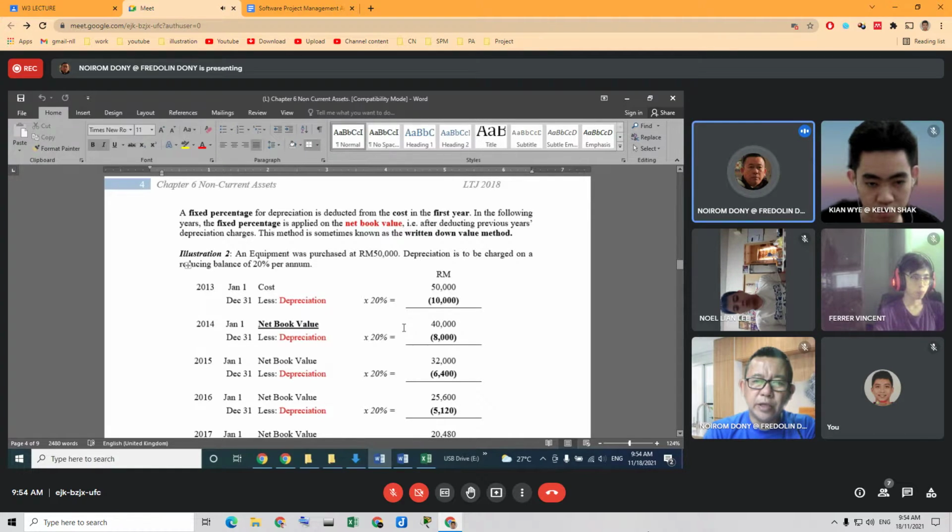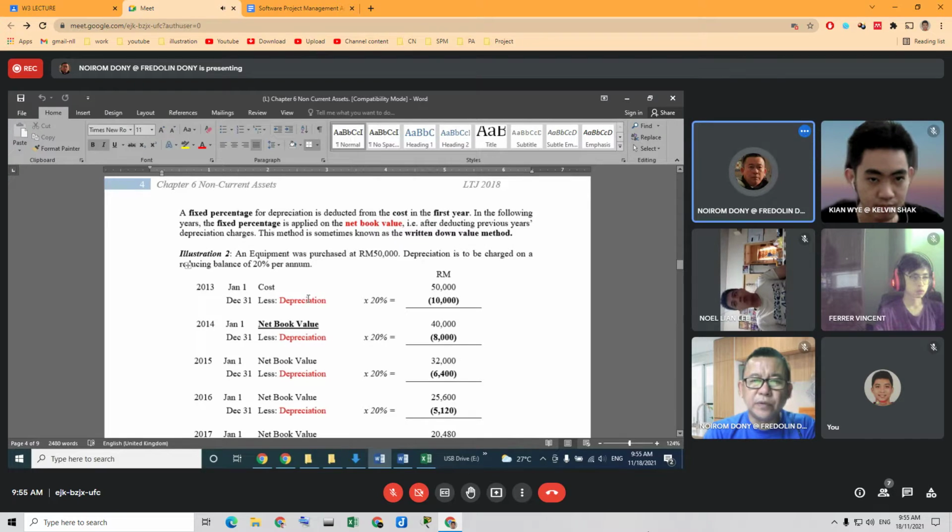What is this value 40,000? This is the net book value. So the first year will be cost, and after that net book value, net book value, net book value. That is the particular. And then every year we provide depreciation, so that's why we put less depreciation, and you show the workings.